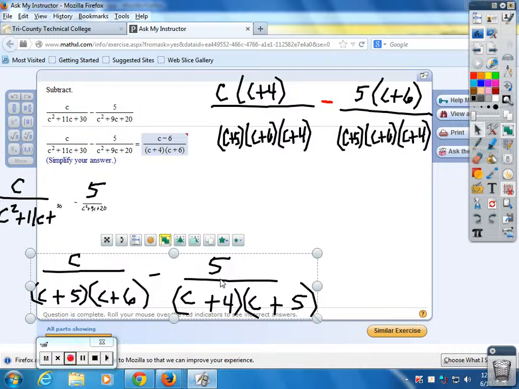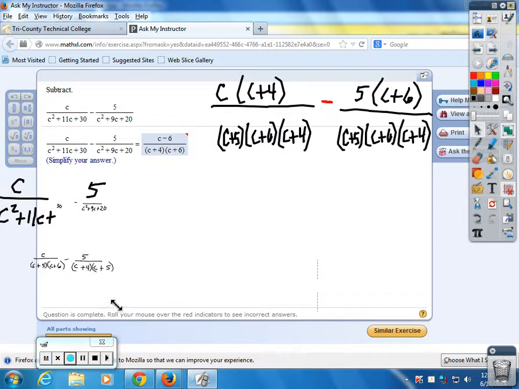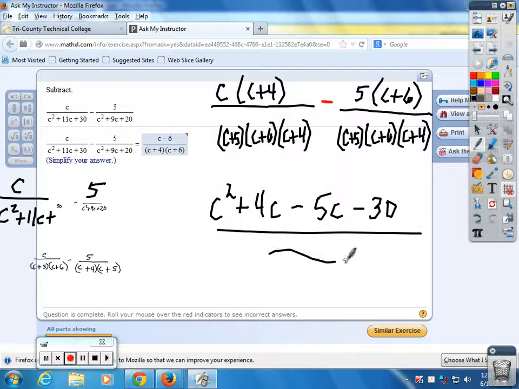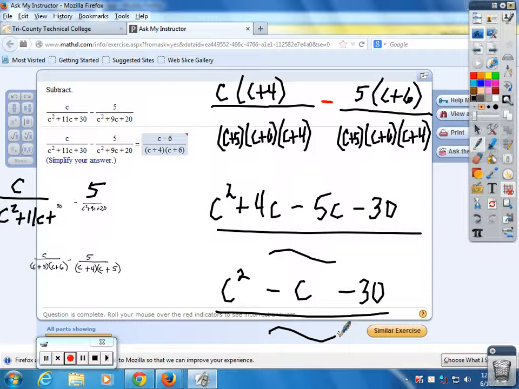Now you see there? It's the whole thing there. All right. So that'll give me C squared plus 4C minus what? 5C minus 30 over the common denominator, which I just put that squiggle line when I'm in a hurry. And that'll give me C squared, what? Minus C minus 30 over the common denominator.